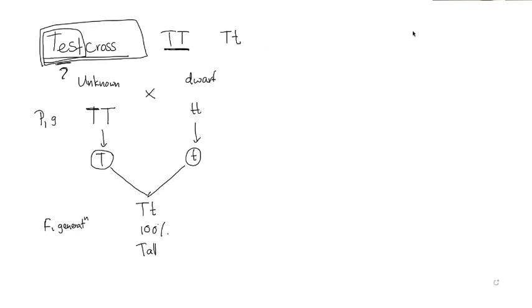Now we will go to the second condition, that is, if the genotype of our unknown is capital T small t. This one is the unknown genotype that we are testing. We cross that again with a dwarf plant, double recessive genotype.